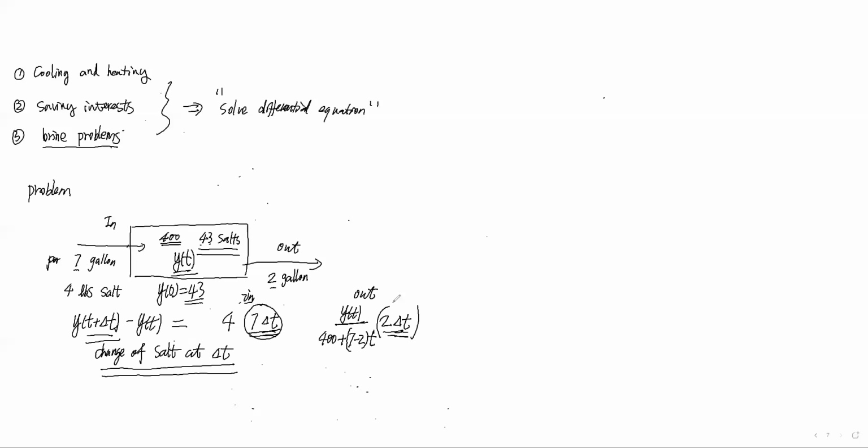Then you multiply by this. This tells you at time t, per gallon of water or brine, how much salt do we have. And then you use this minus this. If you write it in this form, this is y(t plus delta t) minus y(t), over delta t. This is 7 multiplied by this, minus y(t) over 400 plus 5t, and 2.